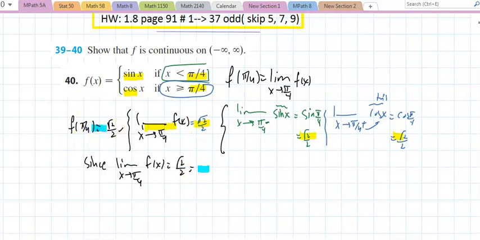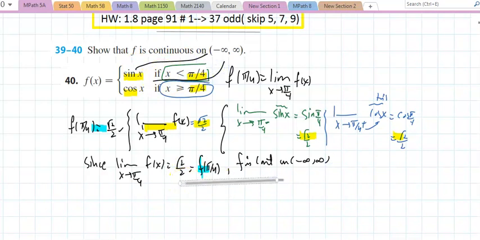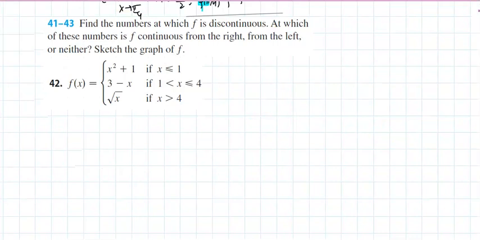Equals f of pi over 4. F is continuous on negative infinity to infinity. Again, I know that sine is continuous everywhere, cosine is continuous everywhere. The piecewise function, I want to make sure when they split them up or connect them, if the y values match at these points.